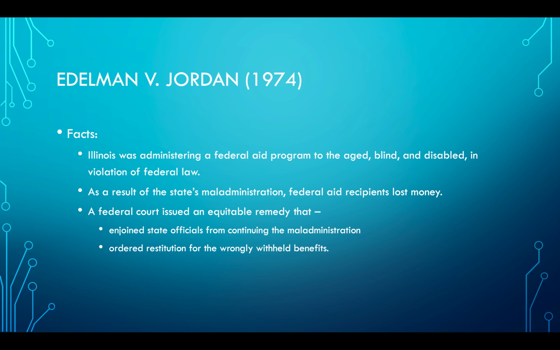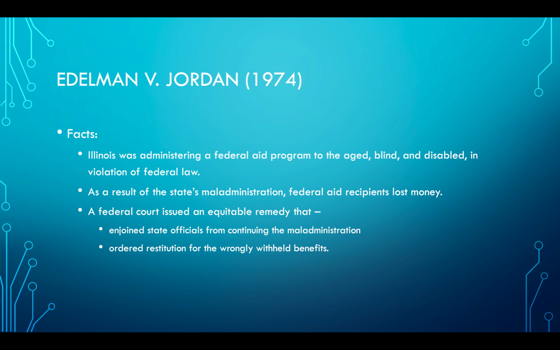So this is a suit against the individual officers of the state who are administering this program. So under Young, shouldn't this remedy be just fine? And yes and no. The court tells us that the first remedy here, the injunction against state officials from continuing the maladministration, is a valid remedy against state officers under Young.